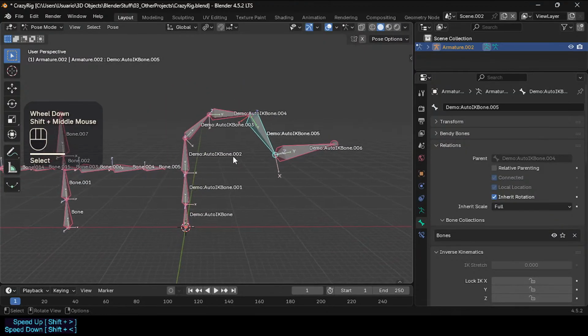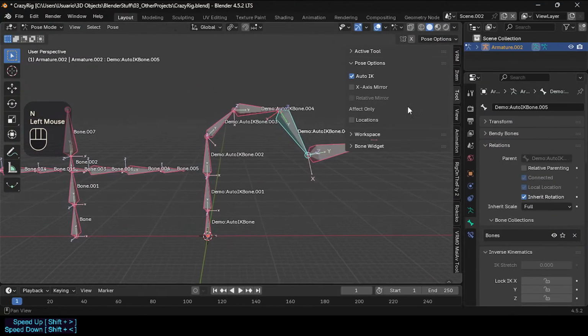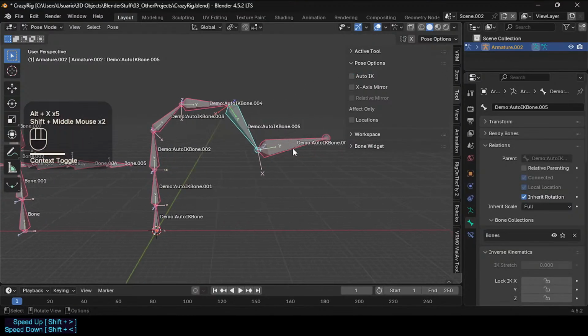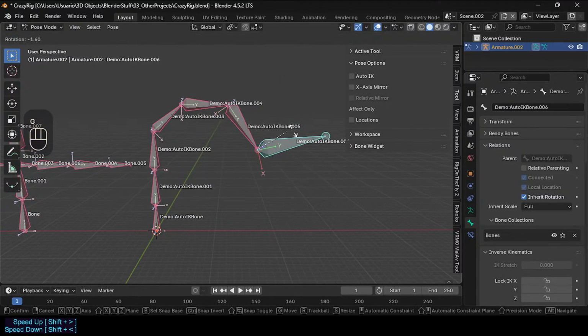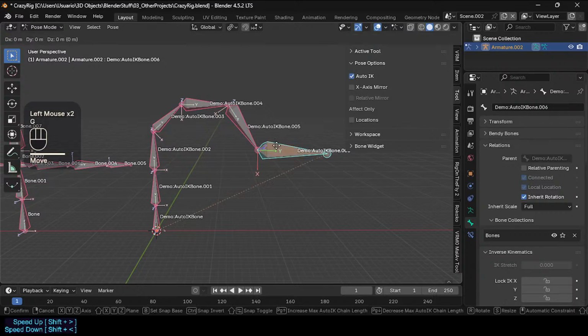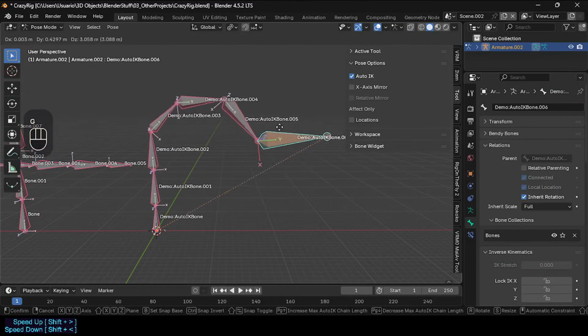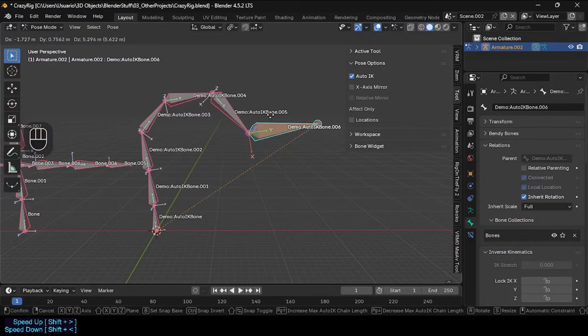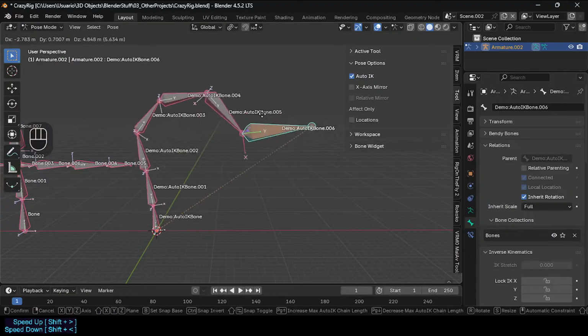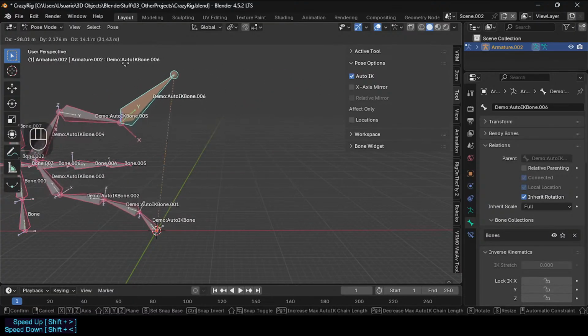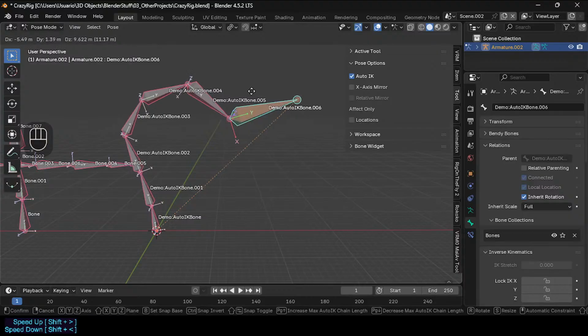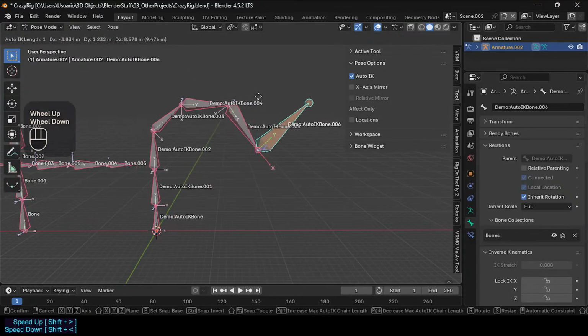Let's leave this panel on so you see that I can easily switch here. If I grab this bone, for example, with G, I need to enable it, right? So you see that all the chain now moves. As I'm grabbing here, not holding, just grabbing and moving the rig, I can scroll the mouse wheel, middle mouse button, and see that here appears Auto IK length.